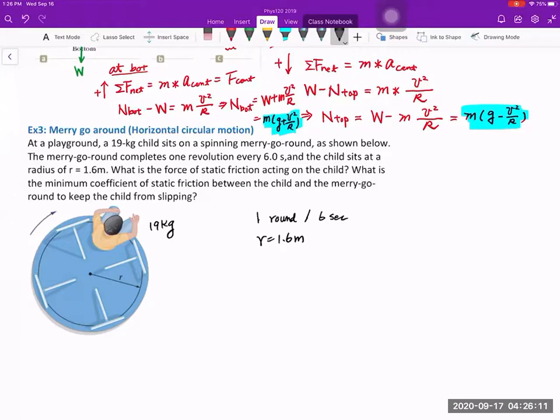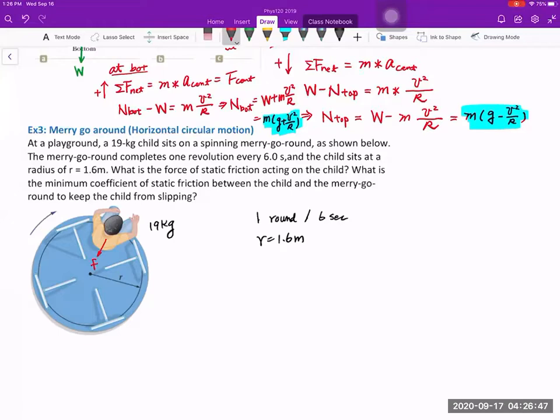So to find this solution, you also need to draw a free body diagram. So what does the free body diagram look like? Well, for this person, we don't care about the weight because the weight is in a different direction. The direction that we care about is the direction along this circle, this radius, this R. You are going to have a friction force.